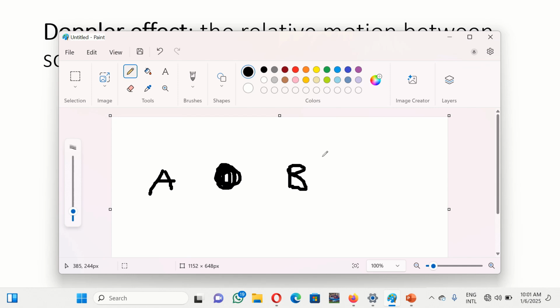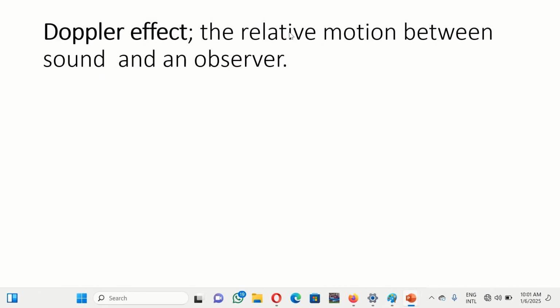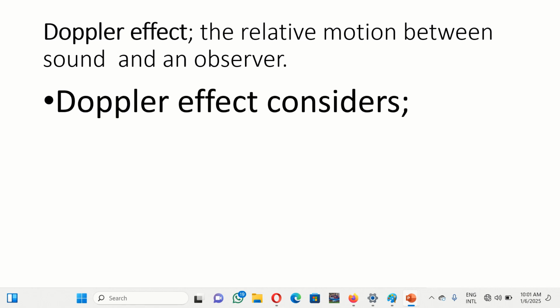So we're talking about the sound and an observer. Now, the Doppler effect takes into consideration two things.